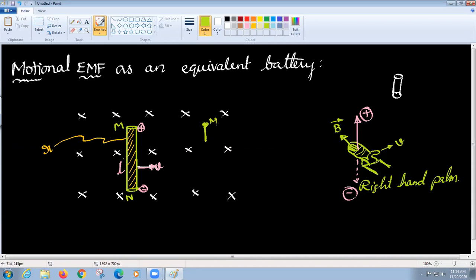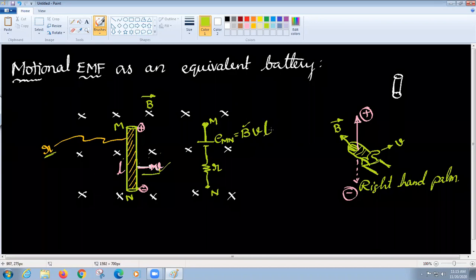This is my M, this is my N. Between M and N, I can show my induced EMF, with positive potential towards M and negative potential towards N. And as it's a practical conductor, it exhibits a resistance, so I must take some R like this. This is just an equivalent circuit. Now the induced EMF across MN is nothing but the magnetic induction B multiplied by the velocity v multiplied by the length of the conductor, that is BvL.